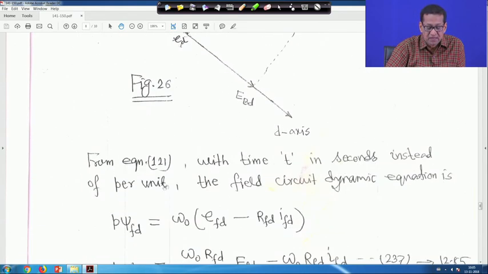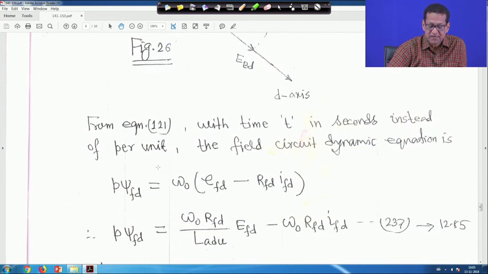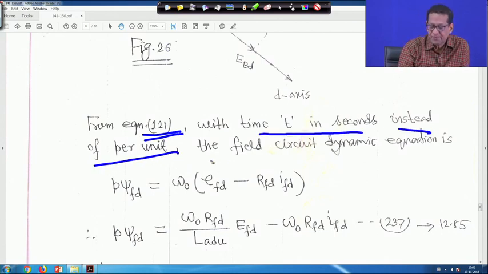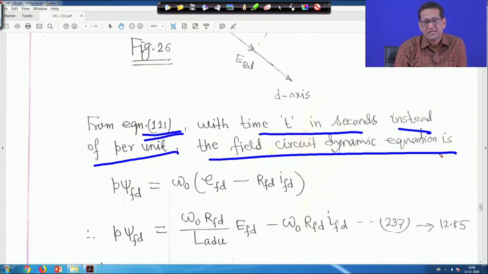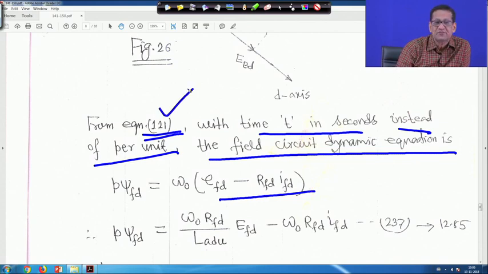So from equation 121, all these equations have been given before, with time t in seconds instead of per unit, the field circuit dynamic equation can be given as P psi FD is omega 0 EFD minus RFD IFD. This is from equation 121. I suggest that all the lecture notes will be available to you, just to open it in front of you, because if I want to go back to equation 121 then much time will be lost.